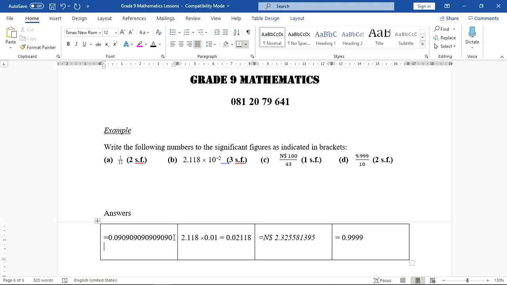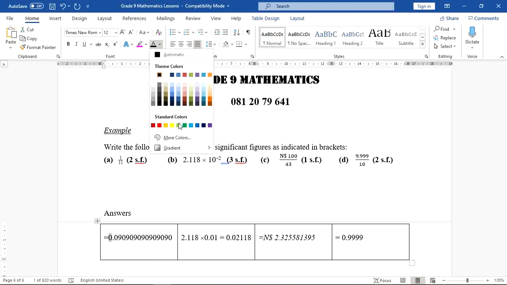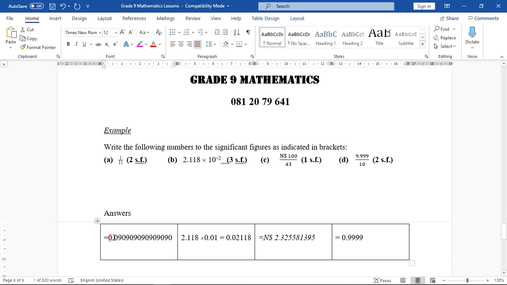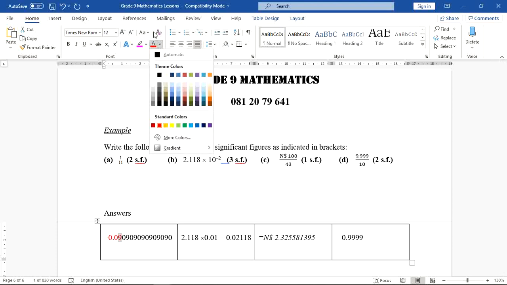When you're counting significant figures, you must always start from left to right. As you can see, that 0 is not significant, so I'm going to put it in red. And also this 0 is not significant. According to the rules, this 9 is significant. So that's the first significant figure. I'm going to put it in green.